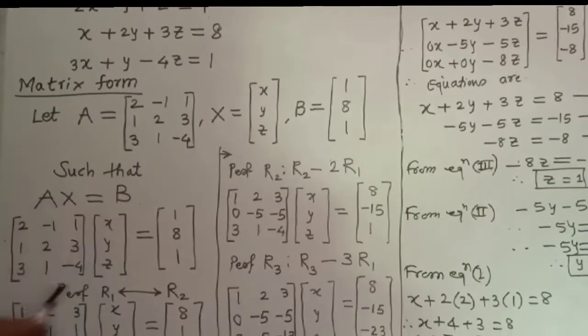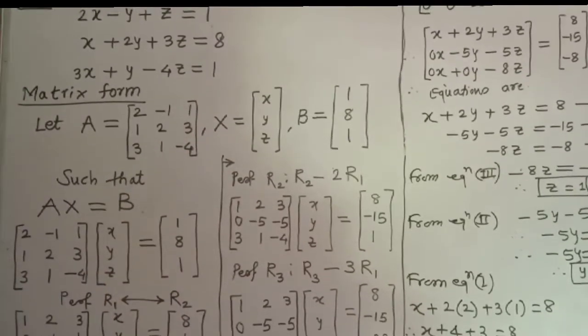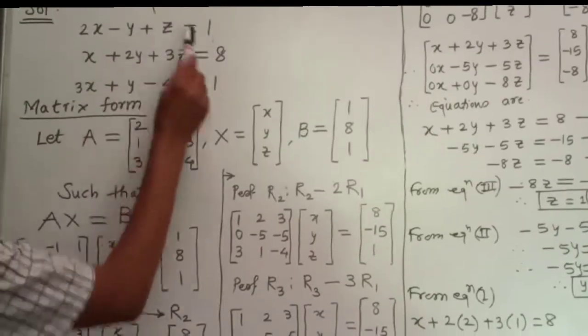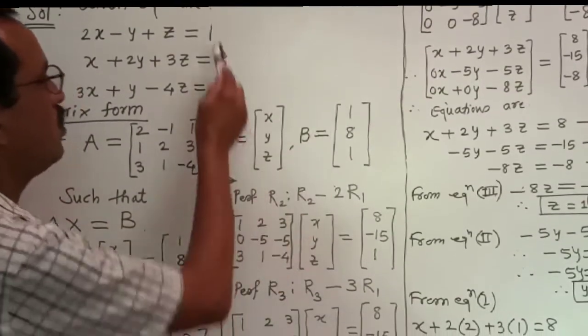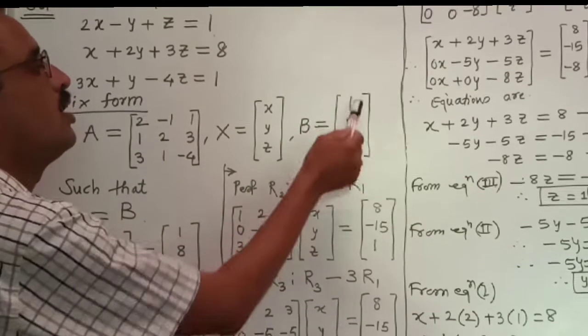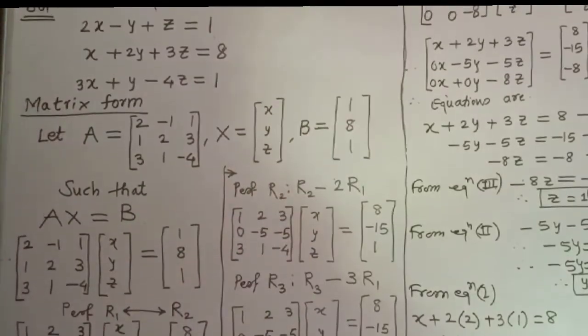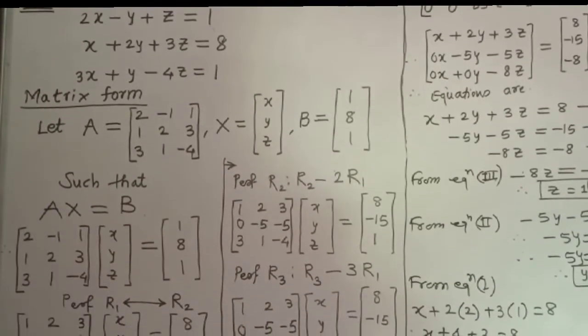So we get matrix A. Matrix X, capital X, is equal to the variables x, y, z. This is a column matrix, and matrix B is equal to the right hand side elements. This is also a column matrix 1, 8, 1. Such that the matrix equation is AX is equal to B.